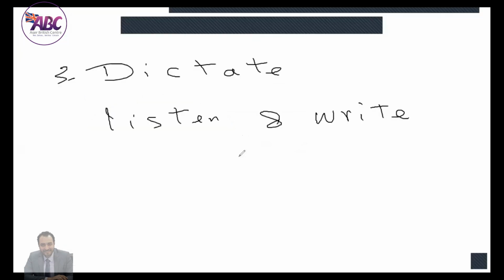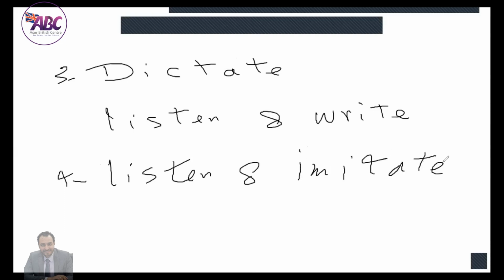What also we can do, which is the fourth technique. The fourth technique can improve not only listening, but also it can improve our speaking a lot, which is listen and imitate. Listen and imitate. Okay? And in this one also you can use a search.